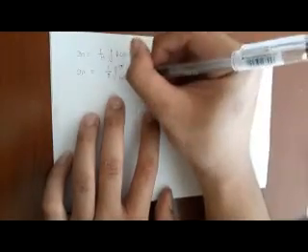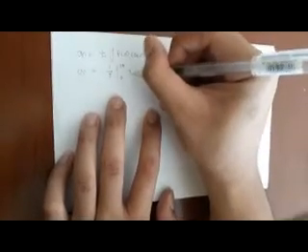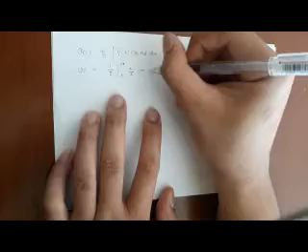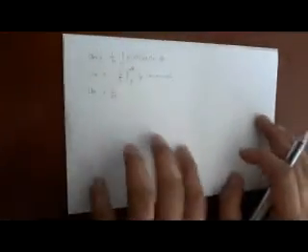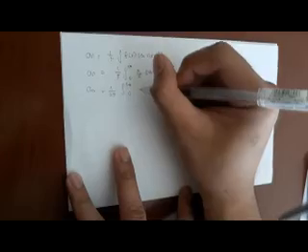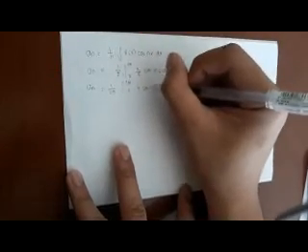Same as getting a0, we need to put our limits, and the function x over 2 cosine nx dx. We further simplify the equation. We get 1 over 2 pi integration from 0 to 2 pi of x cosine nx dx.